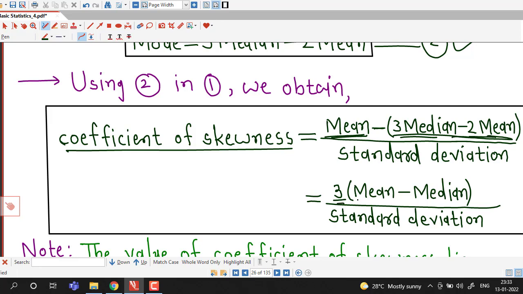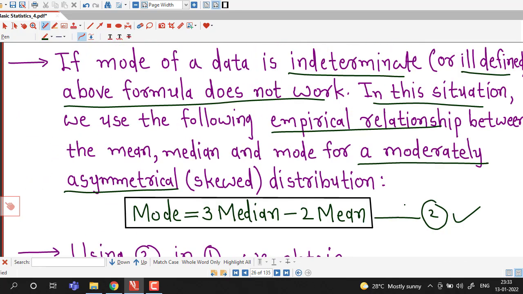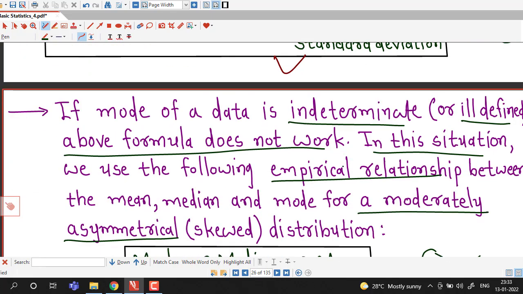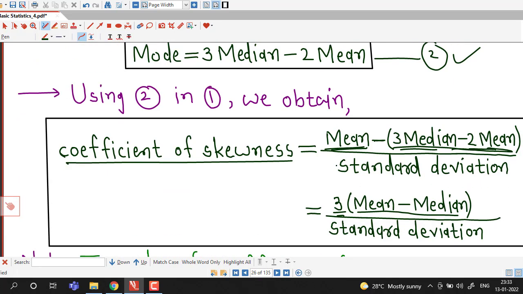So we will have 3 times (mean minus median) divided by standard deviation. So either we can use this coefficient of skewness which uses mean and mode, given by (mean minus mode) divided by standard deviation, or we can use this coefficient of skewness, 3 times (mean minus median) divided by standard deviation.